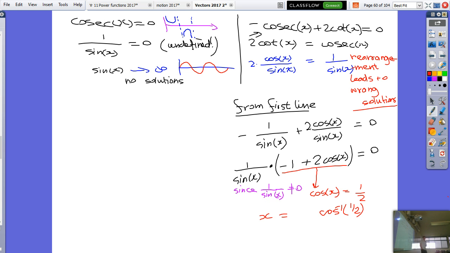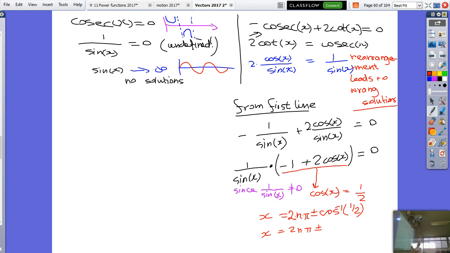So who remembers the general solution rule for cos? Very good. 2 by some counter, we could use n or k, pi. Plus or minus? Both? Yep, there we go. Plus or minus the inverse cos of that number. And there we have it. And then from there, we can tidy that up a little bit.